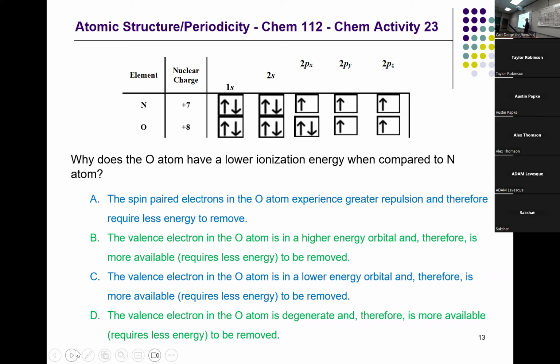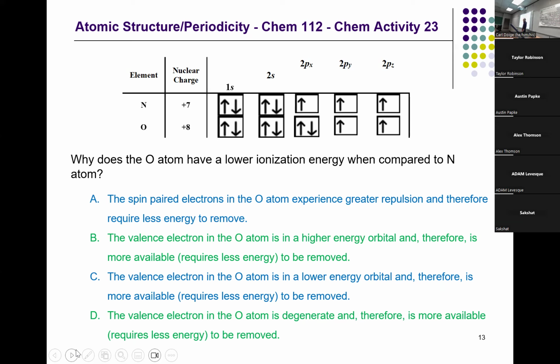Which one would be removed? Don't look at this just yet. So here, it wouldn't matter. Any one of them could be removed. But what's going on here? We've got 2 electrons in one little box.